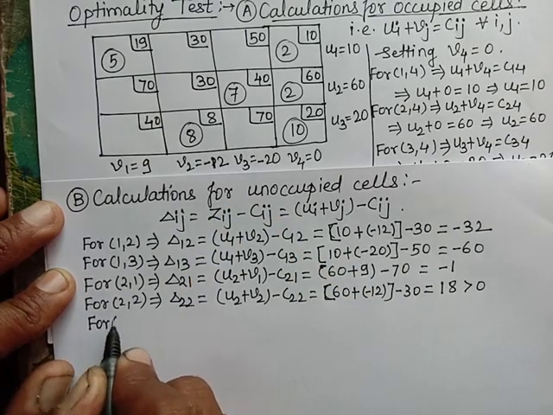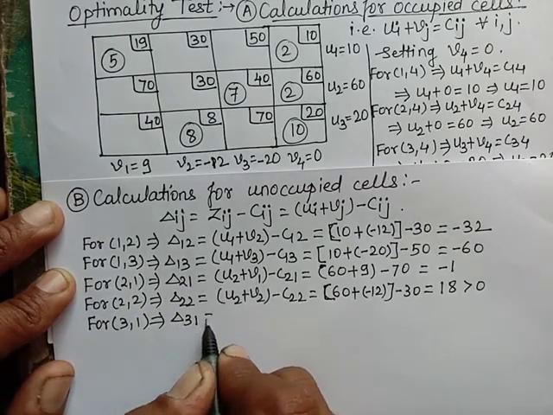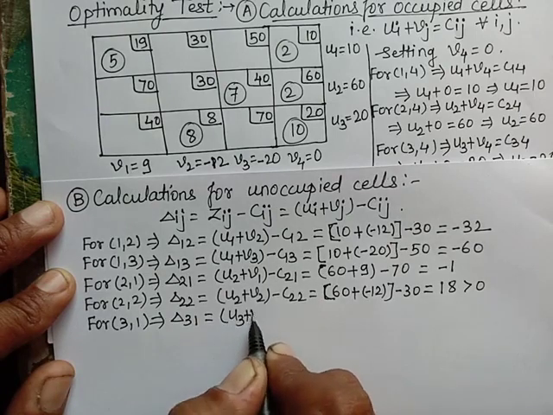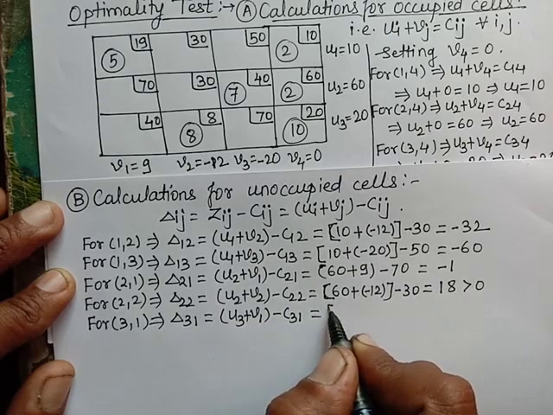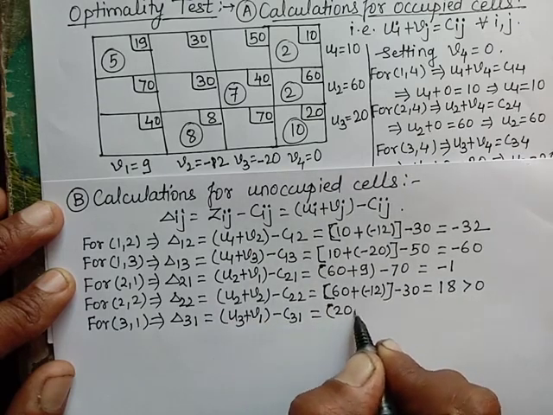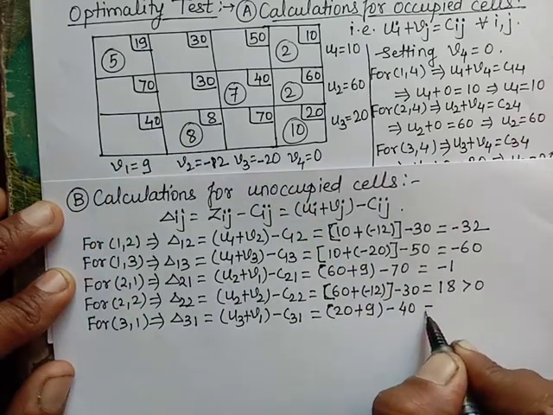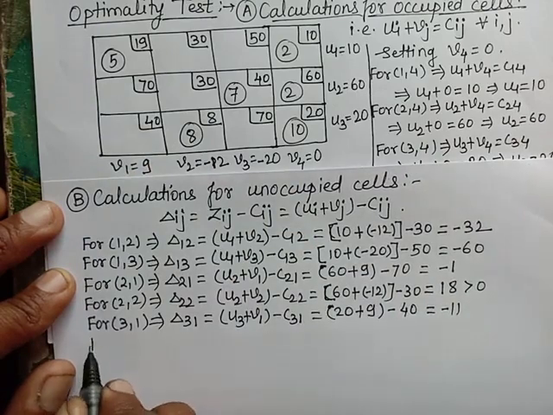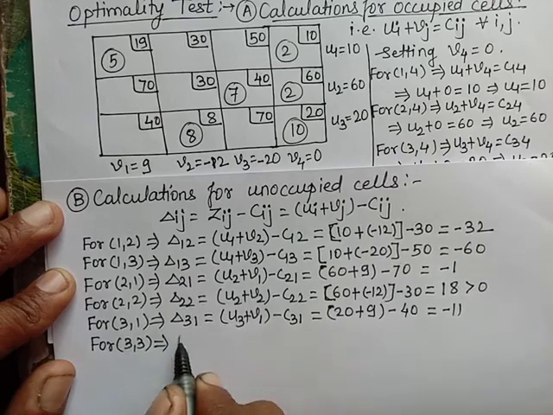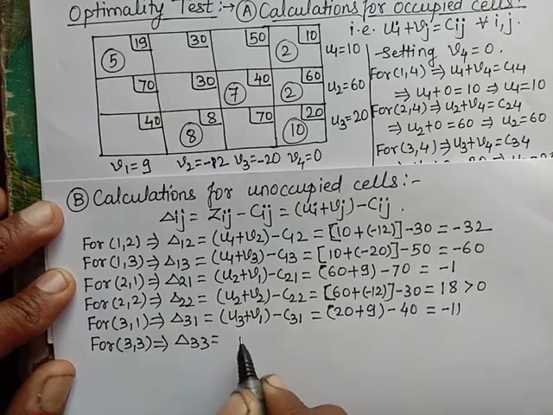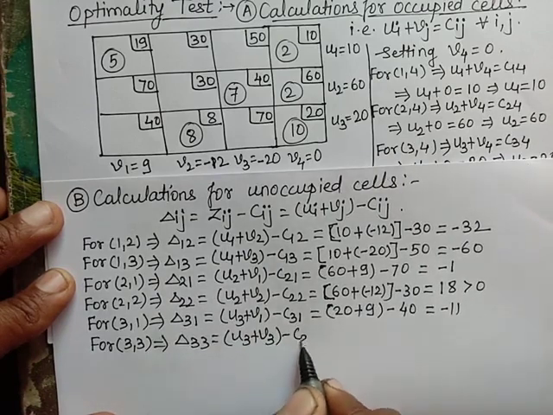Now for 3 1. So delta 3 1 is U3 plus V1 minus C31. So U3 is 20 plus 9 minus 40. So it will be minus 11. Now for 3 3. So delta 3 3 is U3 plus V3 minus C33.